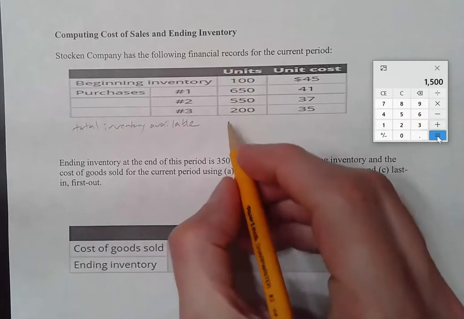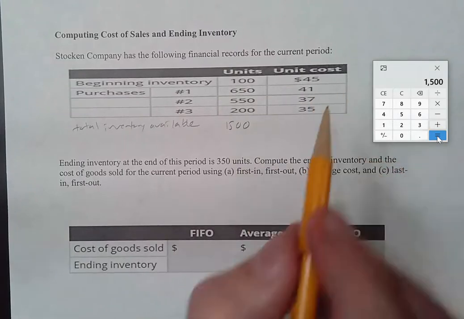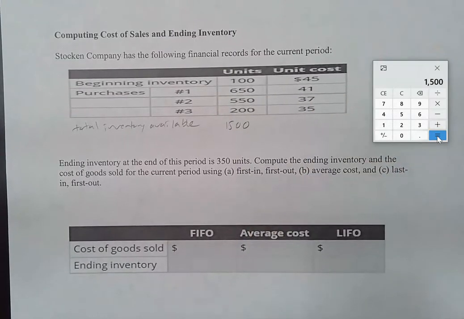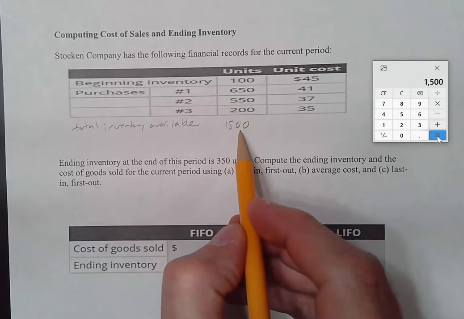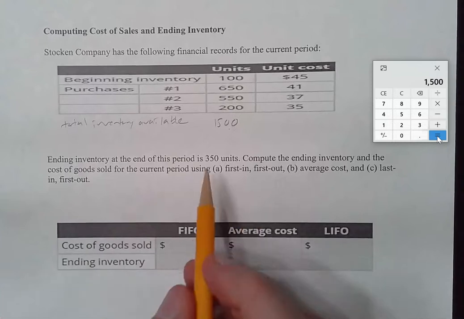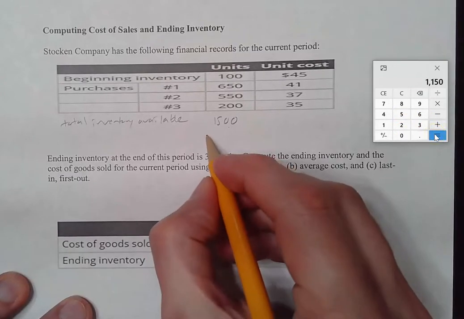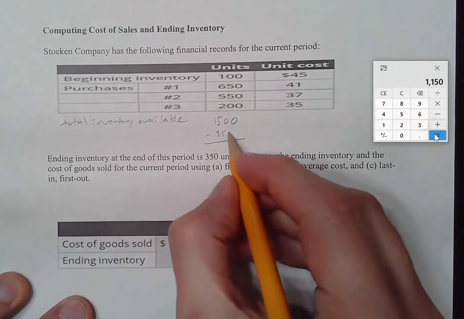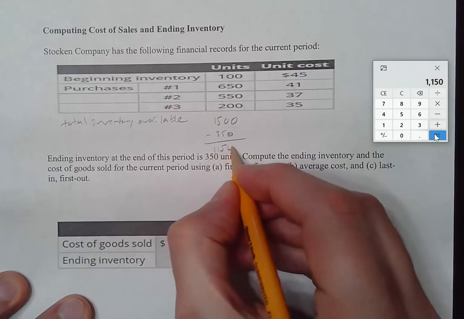1,500 units. Now, I'm not so concerned about the unit cost just yet, but if I had 1,500 units available and I have 350 units in ending inventory, then it stands to reason that I could subtract. 1,500 minus 350 is 1,150.